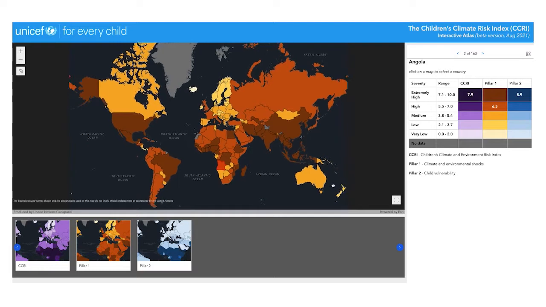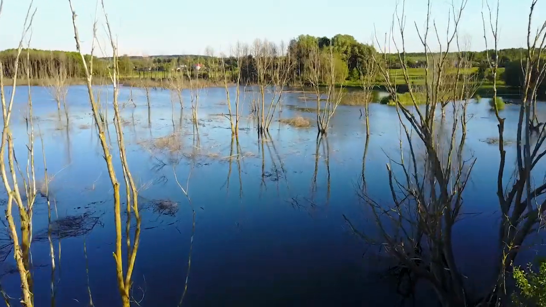And then the next element is we will look at where things may be in 2050 under different scenarios of climate change going into the future. So what do the findings tell us about climate change and the risks to children? Well, the first thing that is worth saying is that the risk map is different to just the hazard map.